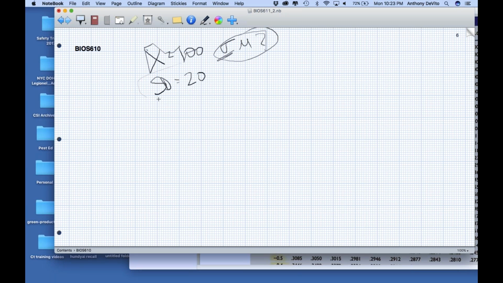The problem here is that because I'm taking this from a sample of size 100, and I don't know the population standard deviation, not only am I uncertain about my mean, now I'm uncertain about my distribution for my repeated samples. Okay, so I have an extra level of uncertainty.